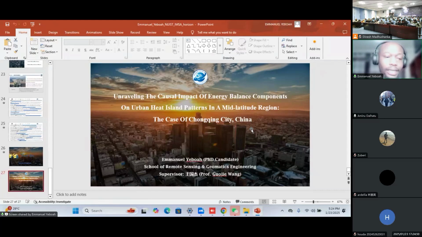So UHI exists, because within the same area, urban areas experience more heat than rural areas, which is a result of urban morphology, urbanization, and so on. The magnitude is not that significant.